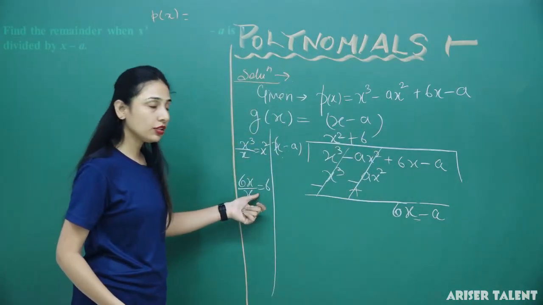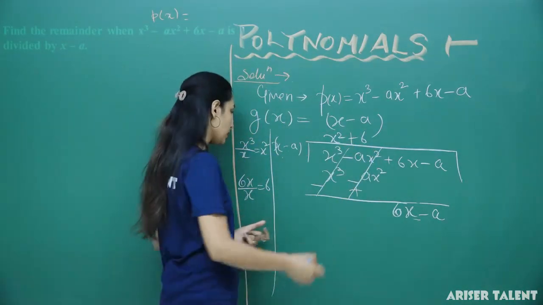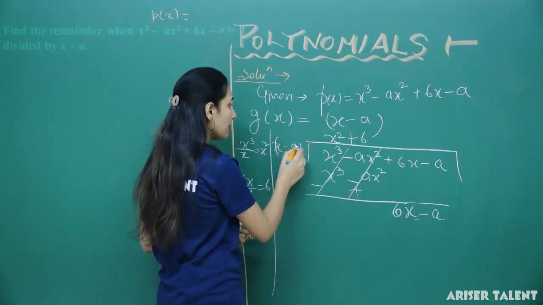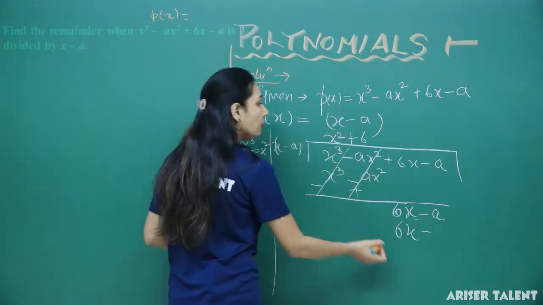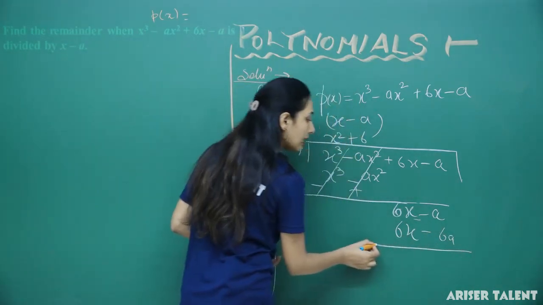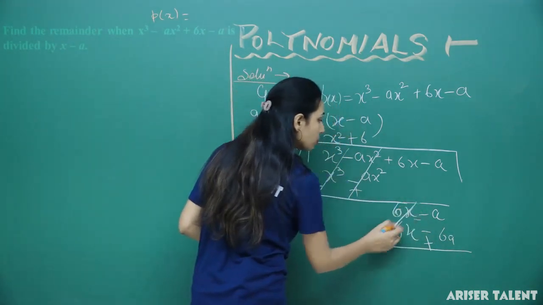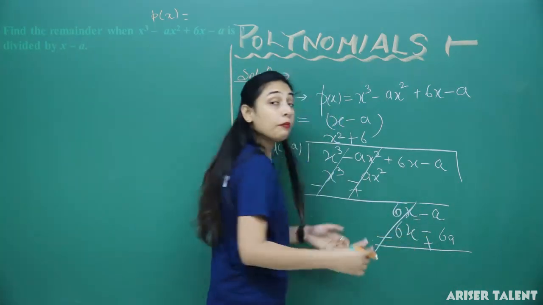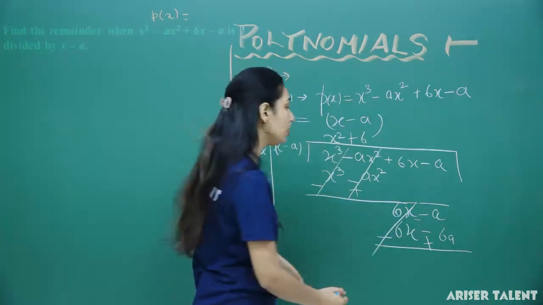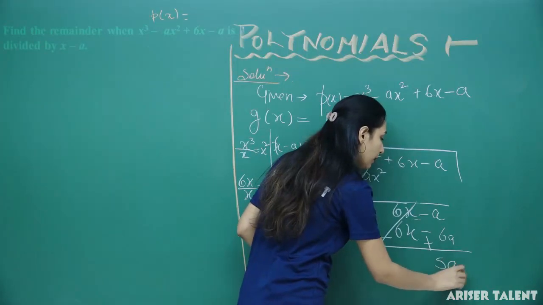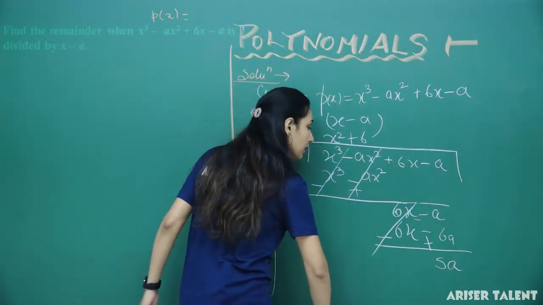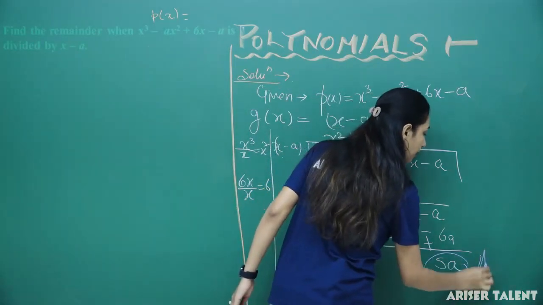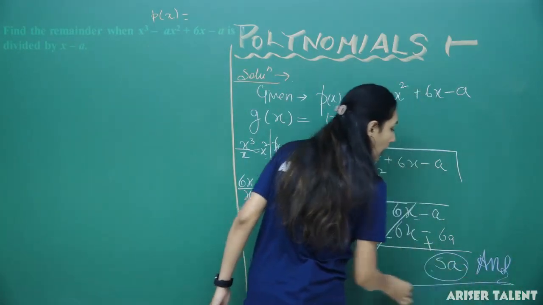Now multiply this 6 by x minus a, which gives 6x minus 6a. The signs will change, minus and plus, so 6x cancels and it becomes plus 6a minus a, which gives 5a. That means your remainder, my dear students, is 5a, which is your answer.